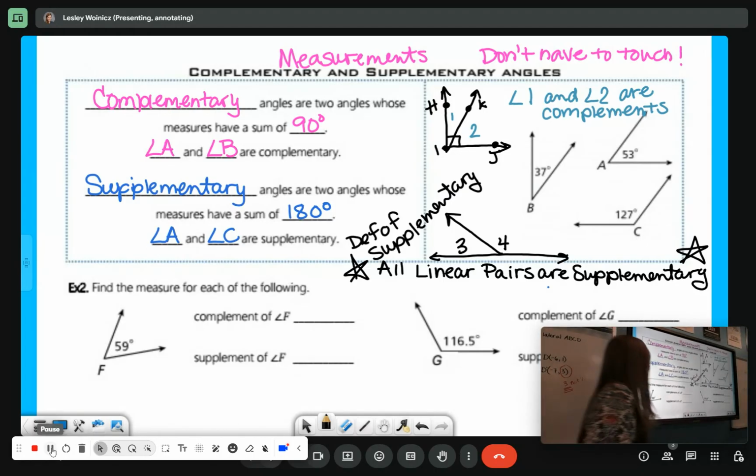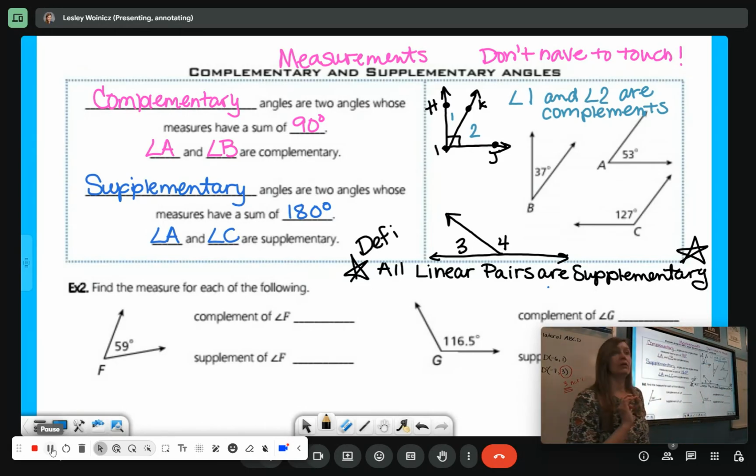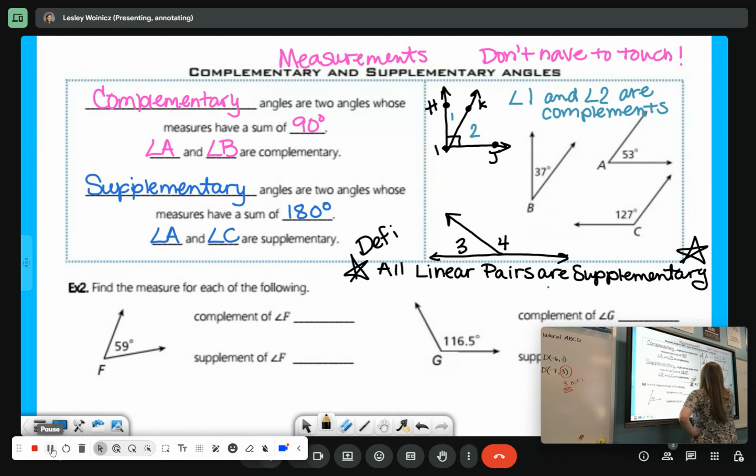Oh, shoot, no, that's not the definition of supplementary, that's the definition of a linear pair. Wait, how? I just don't understand it. Because all linear pairs are supplementary. Yeah. Sorry, someone said something that was really close to being right and I wrote it down, but it was the other thing. It's the definition of the linear pair.